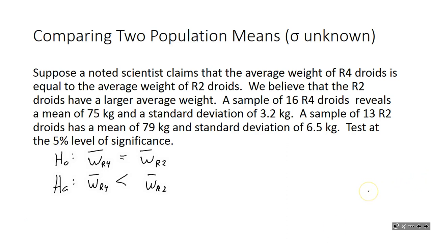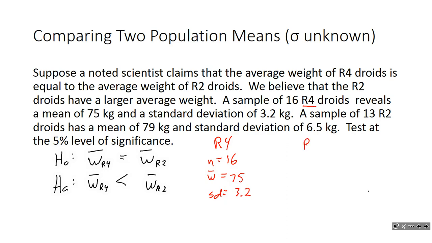All right, so let's look at the data here on these two populations. First of all, for the R4s, we have a sample of 16. We have a mean weight for the sample of 75, standard deviation 3.2.